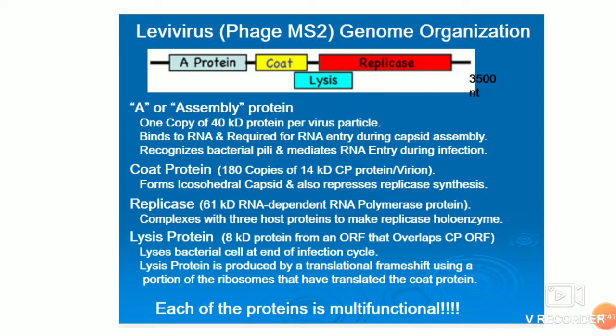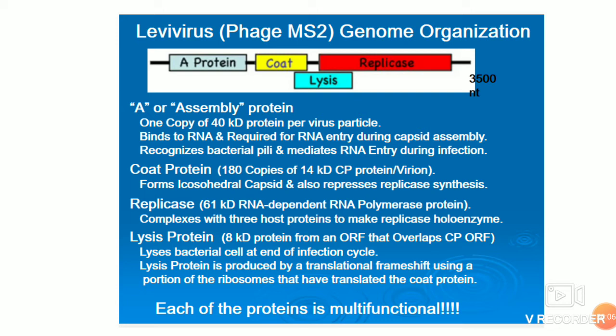Around 180 copies of coat protein are required for the capsid assembly, which forms the icosahedral capsid, and it also has a repression activity which represses the replicase synthesis. Replicase is a 61 kilodalton RNA dependent RNA polymerase. It complexes with other host proteins to form the replicase holoenzyme.